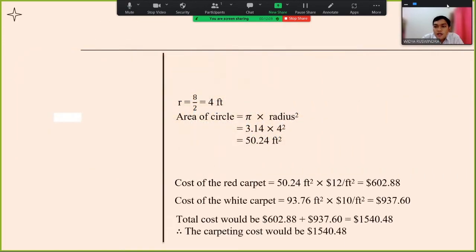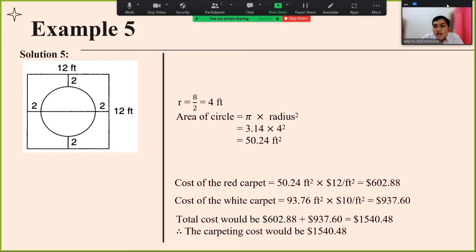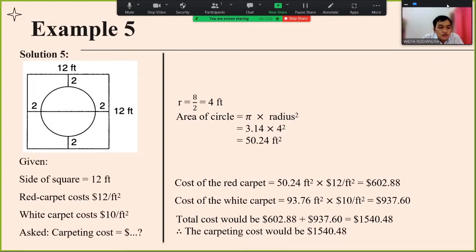The red carpet costs $12 per square foot, and the white carpet costs $10 per square foot. How much will the carpeting cost? Okay, we will answer this question. This is an illustration of the room, and we know the side of the square is 12 feet. Red carpet cost is $12 per square foot.